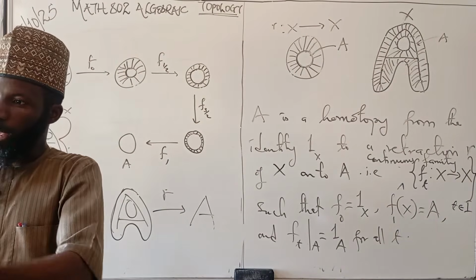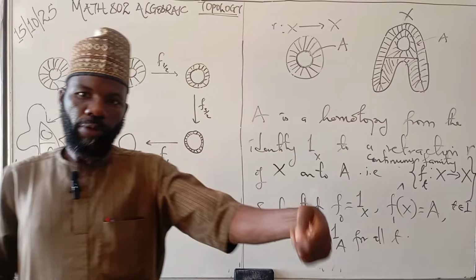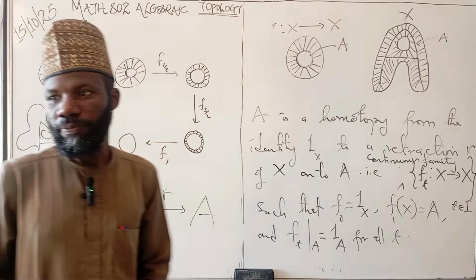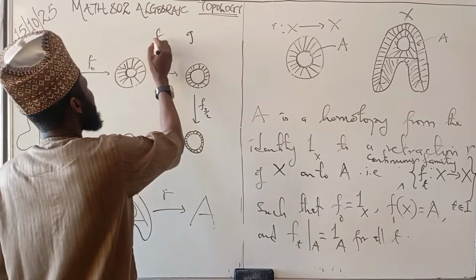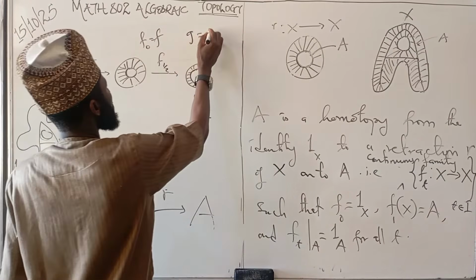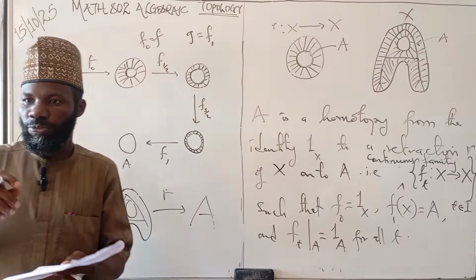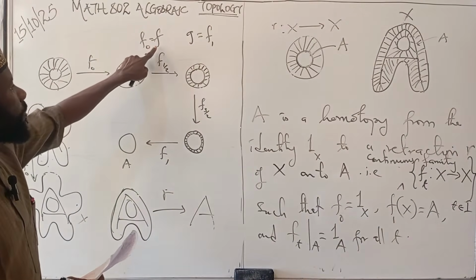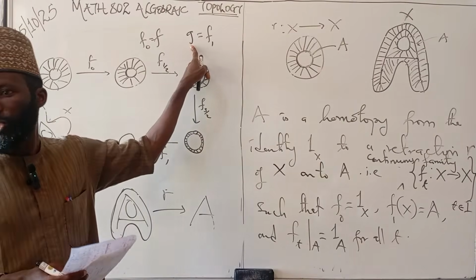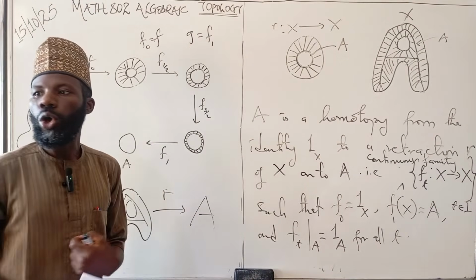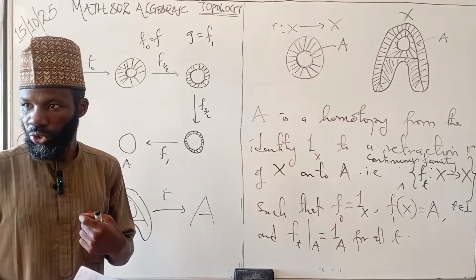And the first map, F0, and the last, F1, are called homotopic. You can look at two mappings, F and G, and regard this as F0 and this as F1. So if you can have a homotopy that starts from F and ends at G, then F and G are called homotopic.